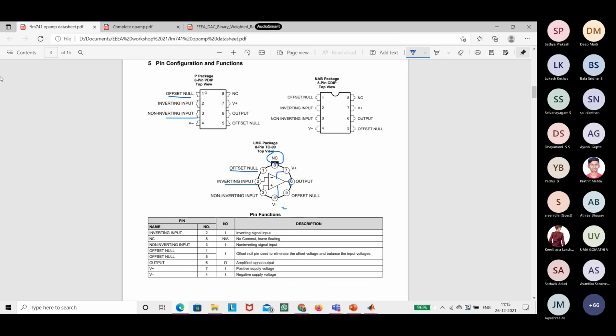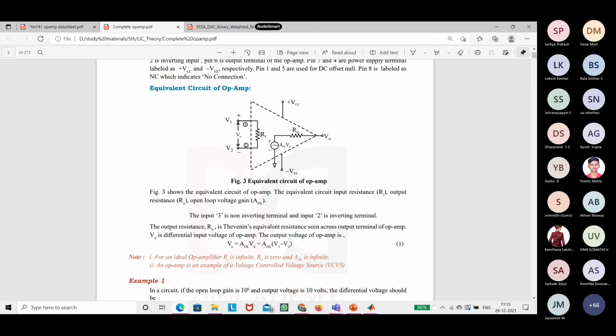So that's it. And if you see the input resistance over here, in the ideal op-amp, we say the input resistance tends to infinity. So basically there is no current going through this terminal in this path. If you use KVL, it's V1 minus V2 divided by the R input.